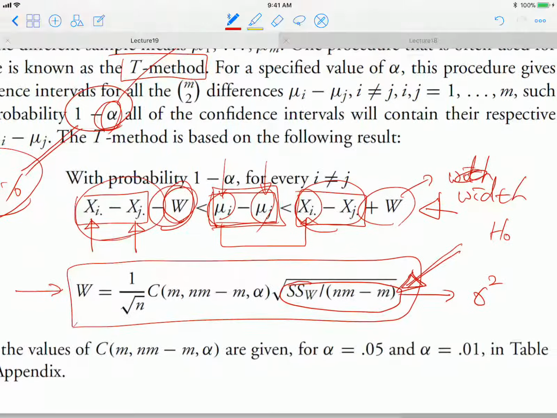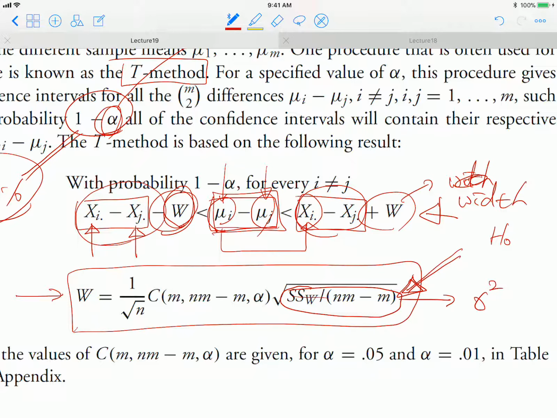Okay, so this one is again the estimator for this, regardless of the null hypothesis being true or not. And this W is increasing in proportion to this estimate of the standard deviation.